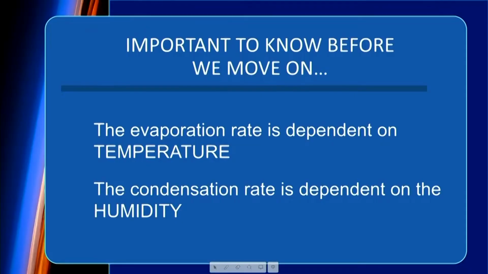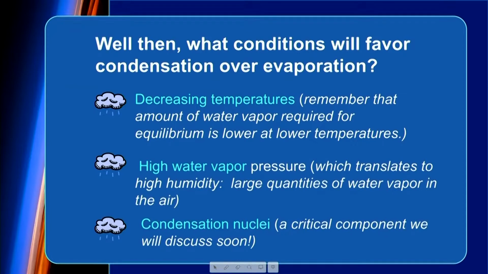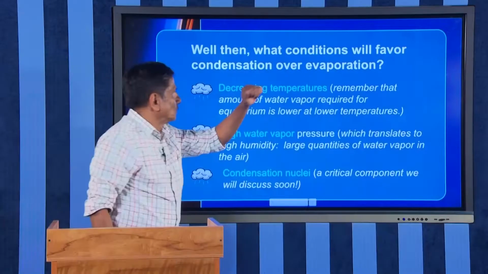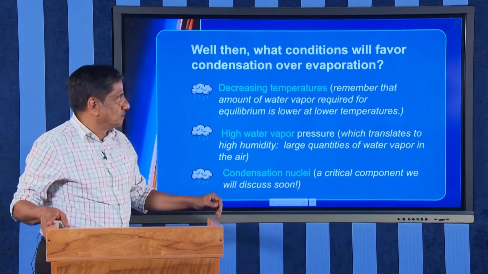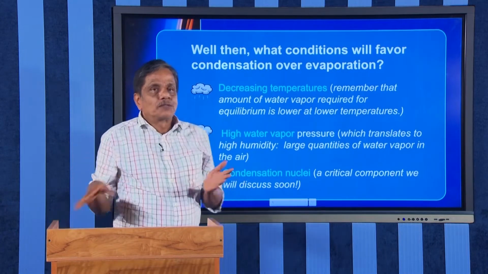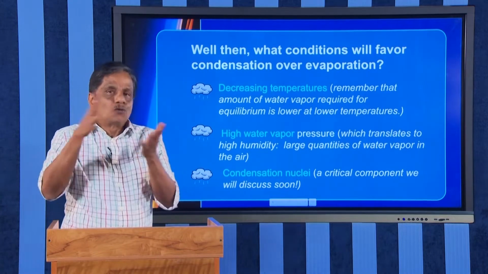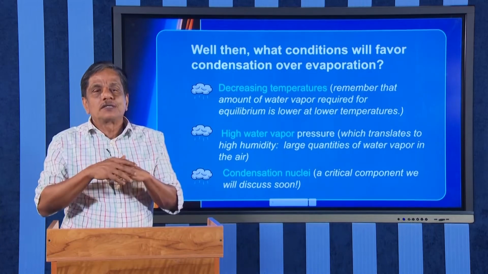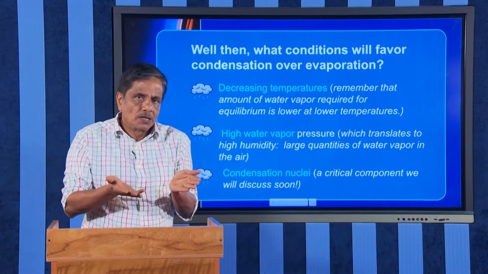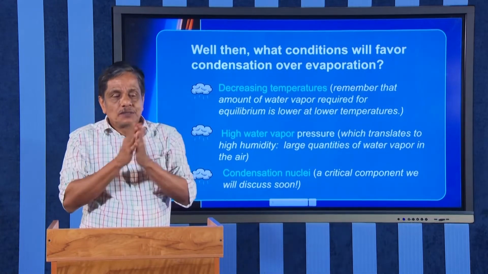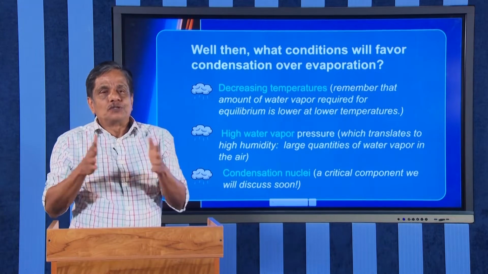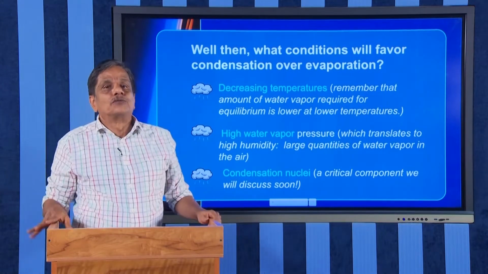These are the two important parameters, and when the temperature is decreasing, there is a possibility of equilibrium. Equilibrium means equal. If the condensation rate and the evaporation rate are equal, the relative humidity, which we used to term as the water content, will be 1.